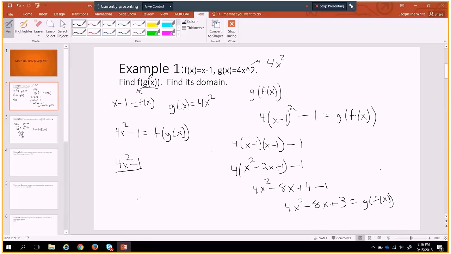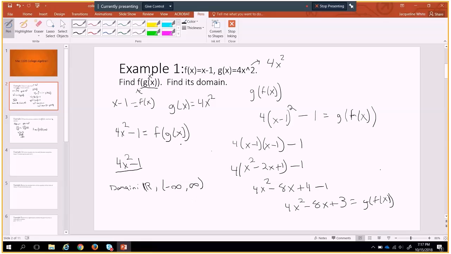In interval notation, we say its domain is all reals, which is just notation for real numbers, or from negative infinity to positive infinity. That's the domain for that.